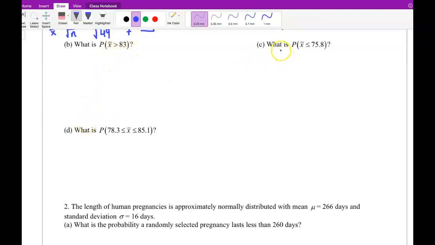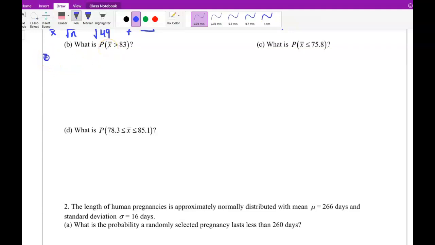And same thing for part C. What is the area when sample mean is less than or equal to 75.8? Okay, so here we have sample mean exactly same as previous chapter. Remember when you had X, we need to find Z first. So in this part again, first step, we need to find Z.